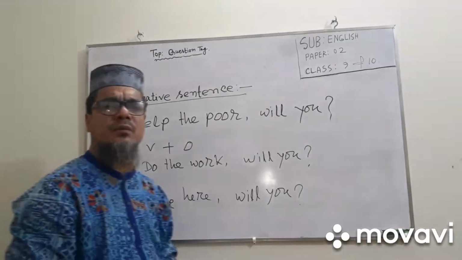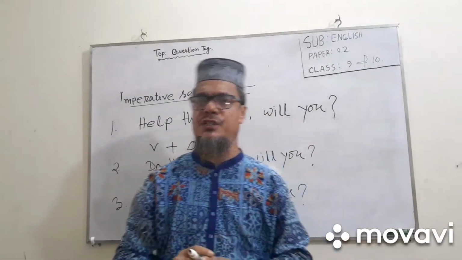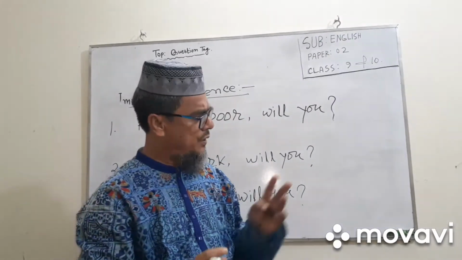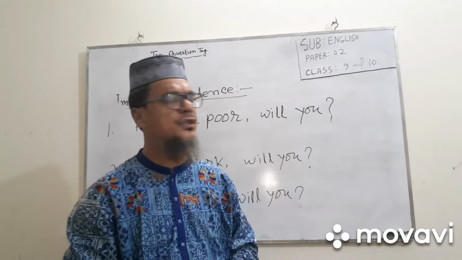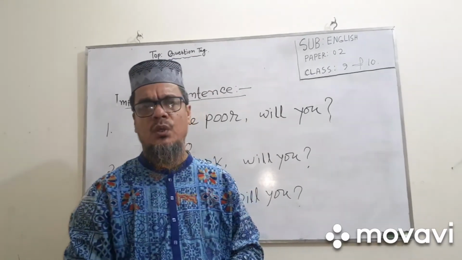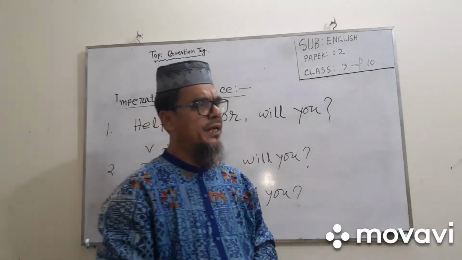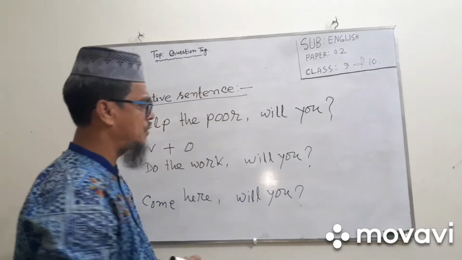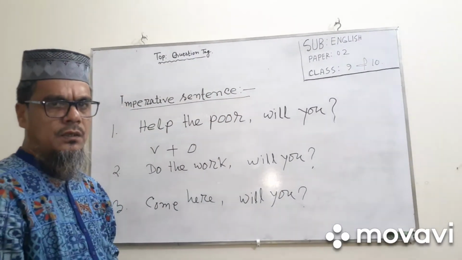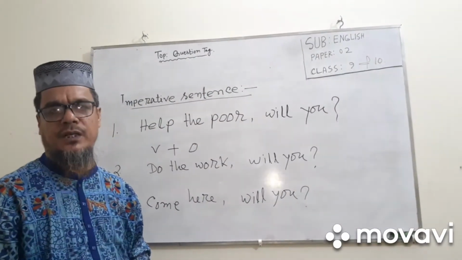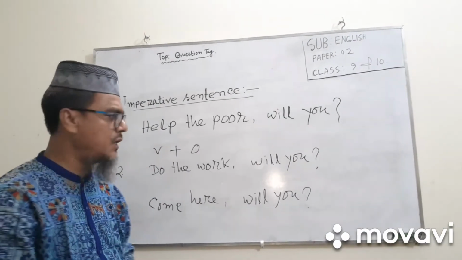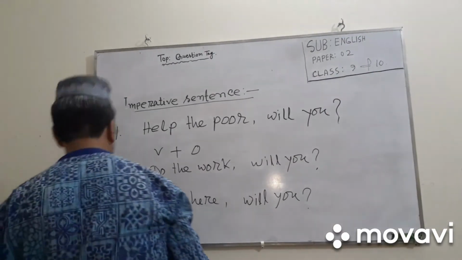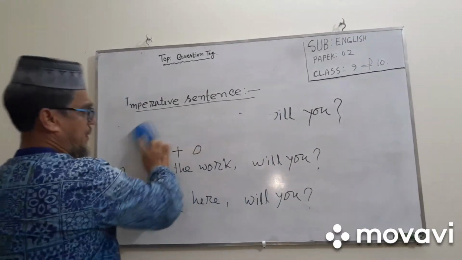So we can say in a word that if a sentence starts with the structure of verb plus object, we must use will you for the purpose of question tag. Dear students, I hope that you have been able to understand the lesson. Thank you.